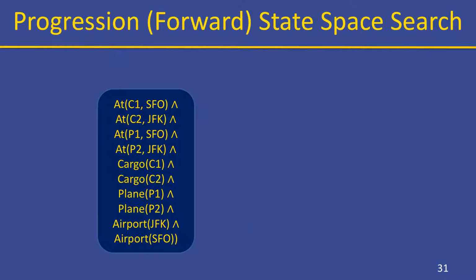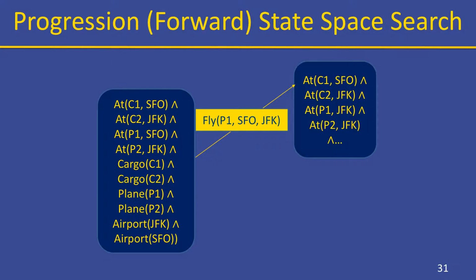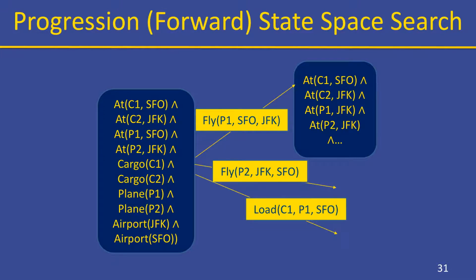So let's take a look at an example. Here's our initial state for the cargo problem. We have to basically find every applicable action. So fly P1 SFO is an applicable action here. We construct the successor state from there, and we consider fly P2 JFK SFO because that's also an applicable action. And we consider load C1 P1 SFO. That's also an applicable action.